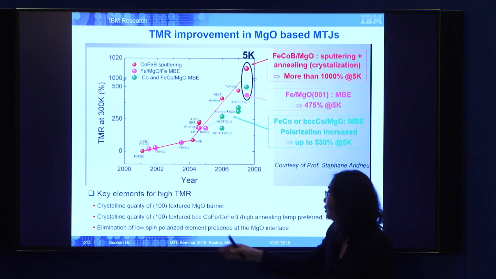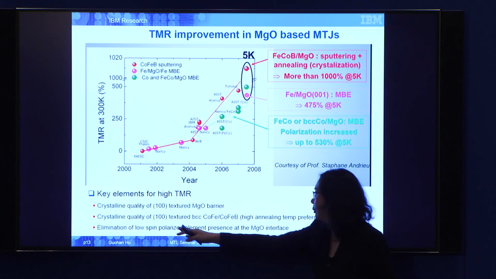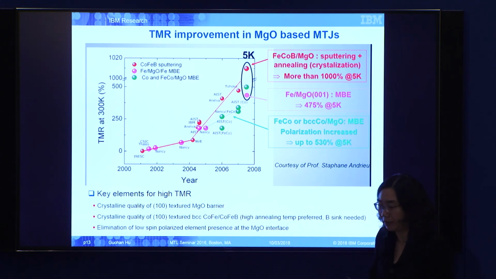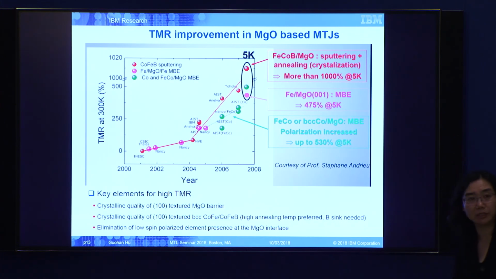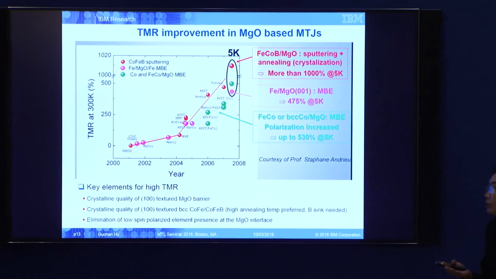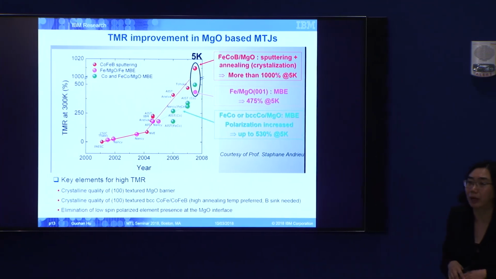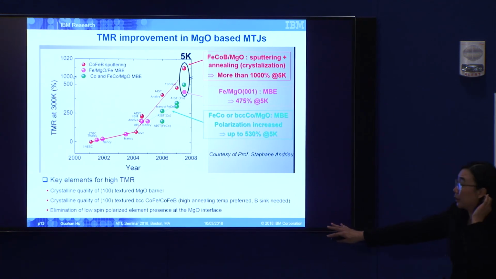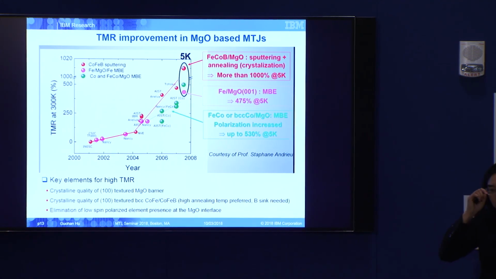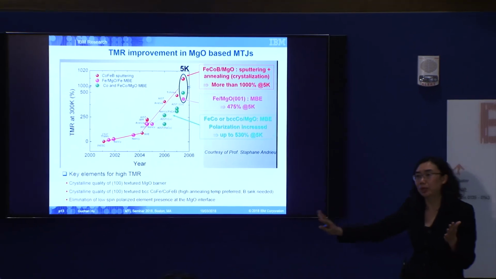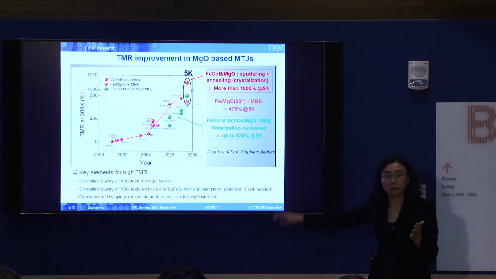And then you also need to eliminate low spin polarization elements, because when you anneal your sample, as I said, for embedded memory you have to do 400 degrees C. When you anneal, all sorts of things happen. Elements diffuse, so you want to eliminate those things that hurt your TMR. I think this is a really good guideline. So you can move from the ideal structure, iron, MgO, iron, to something more practical, as long as you know what you are doing.